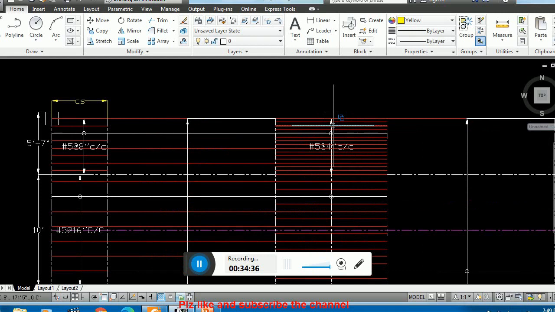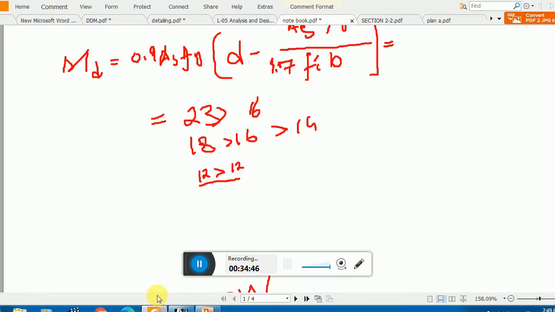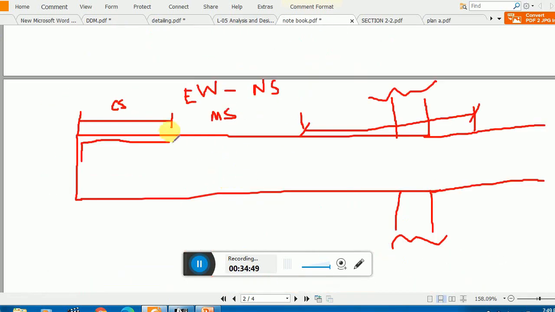But in the middle portion, theoretically we do not need any reinforcement in the top portion. I already explained it, because there is no positive moment in the top. Here I have to place this main bar in the top region, remember, and this bar is basically number 5 at the rate of 4 inch center to center.